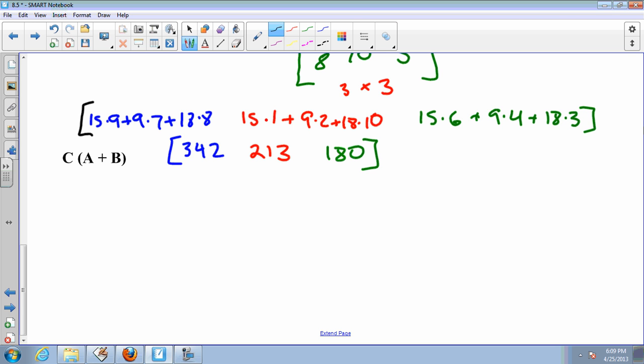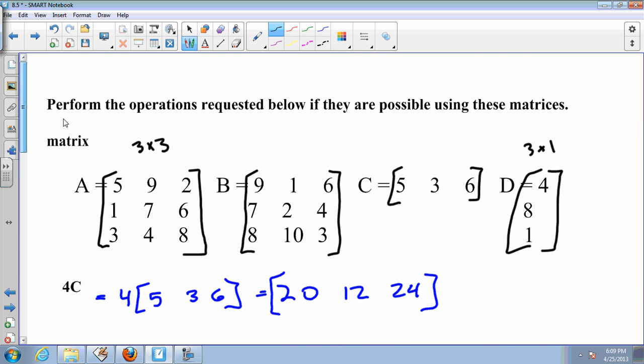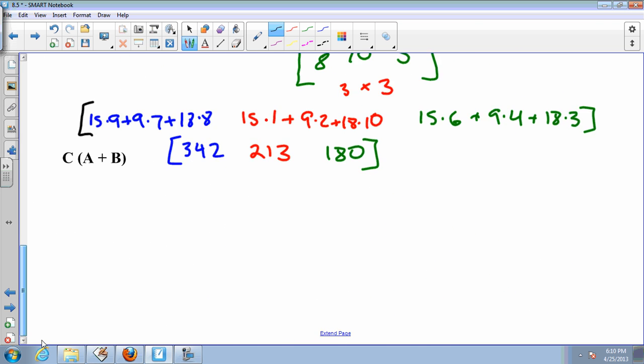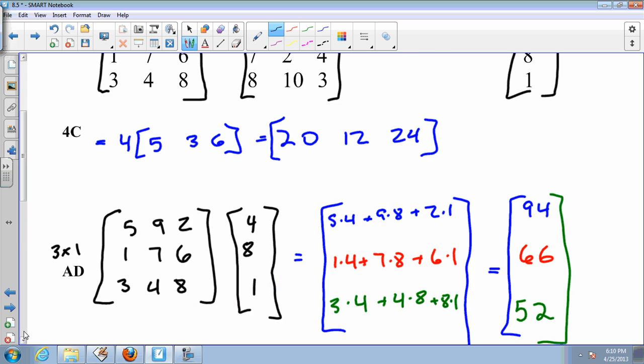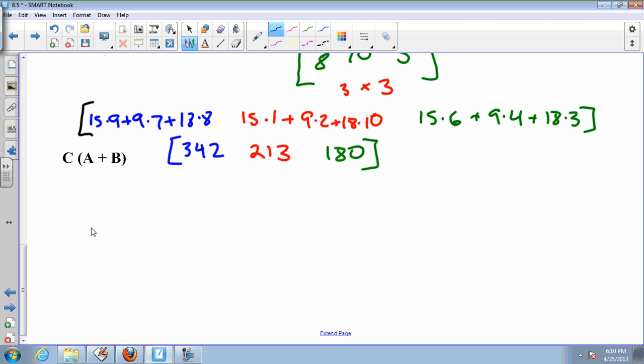So our last one is C times A plus B. Now looking at them, A and B are 3 by 3, and C is a 1 by 3. It's going to be easier to add the A plus B and then multiply by C. So let's add A plus B. We're going to get out a 3 by 3.